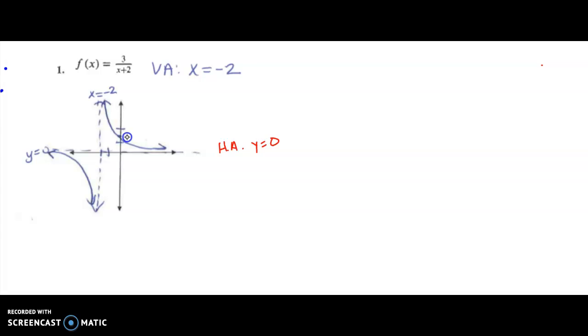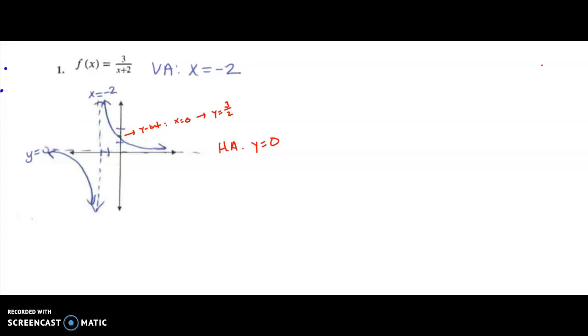We also know that this is 1.5, because when we talk about the y-intercept, that means x equals 0. If you plug in 0 for x, y is going to be equal to 3/2, or 1.5.